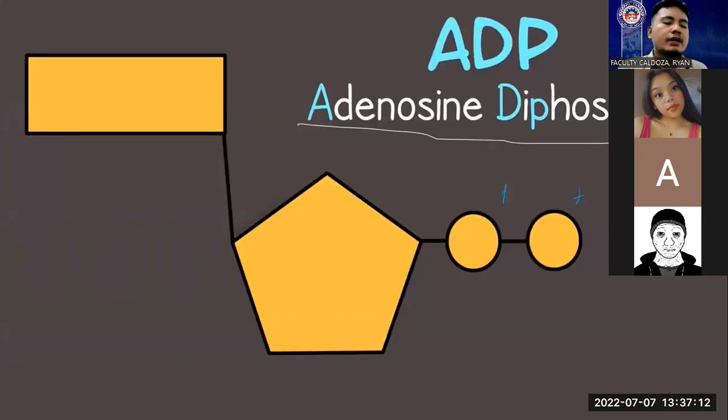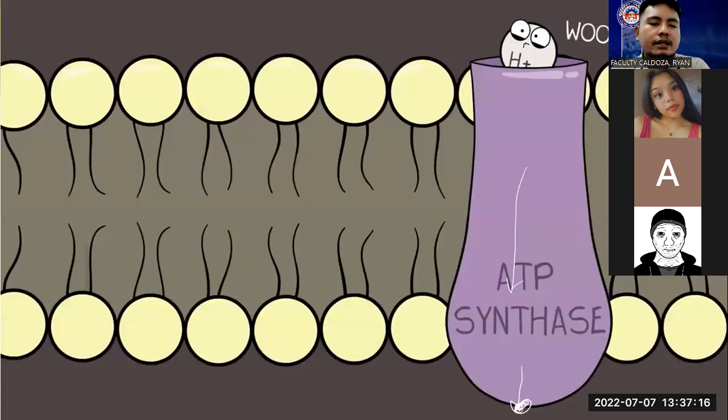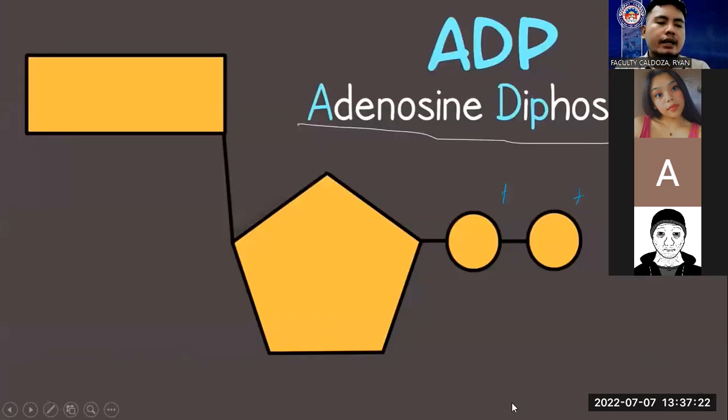Ngayon, sabi natin dito, sa pinakababa ng tinatawag natin na ATP synthase, sa baba nito, nandiyan ang molecule na tinatawag natin na alin? Adenosine diphosphate. Pag sinabi natin na adenosine diphosphate, hindi pa siya talaga totally active giver of energy inside of our mitochondria.